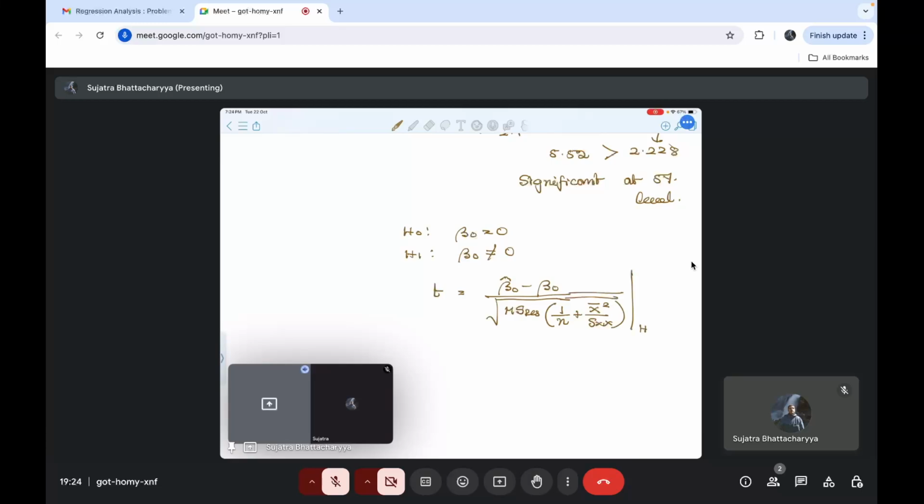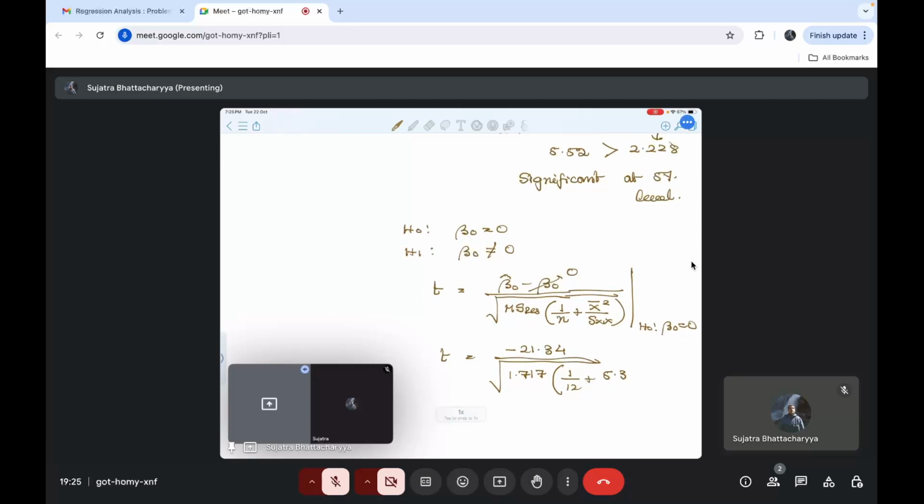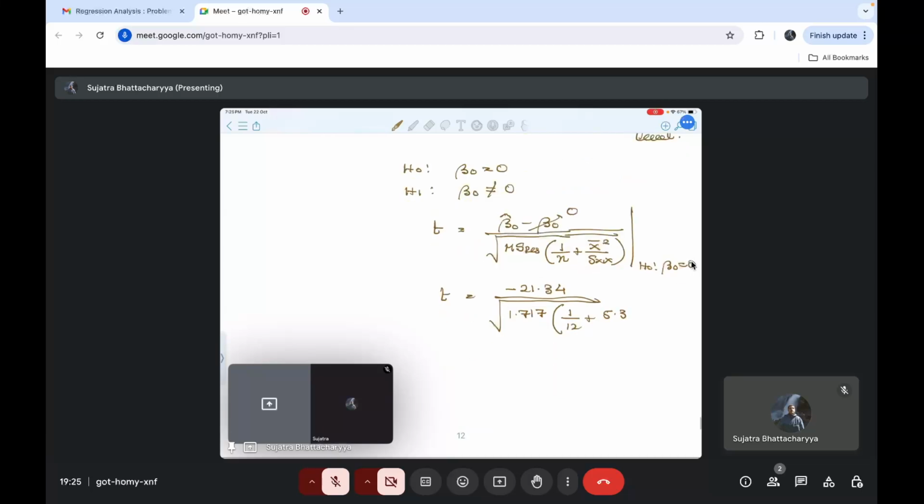Okay, at H naught again, that is beta naught equal to 0. This goes, t becomes therefore minus 21.34 divided by root over 1.717 times (1/12 plus 5.3 square divided by 2.1).